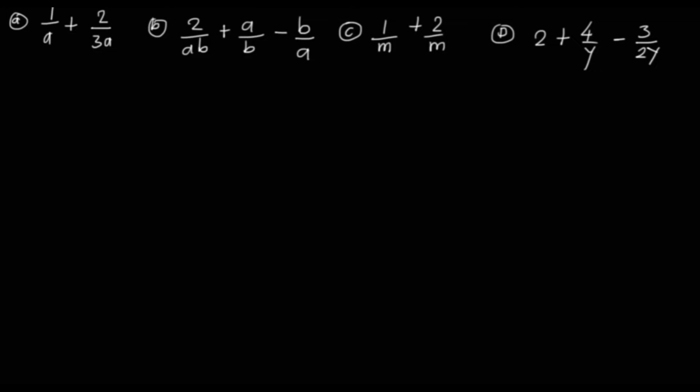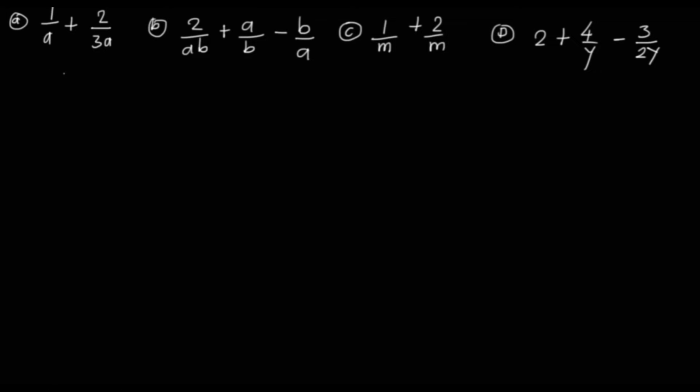Whenever you have an operator such as positive or negative, you need to find what we call the lowest common denominator. For part a, the denominator of the first part is a and the denominator of the other part is 3a.